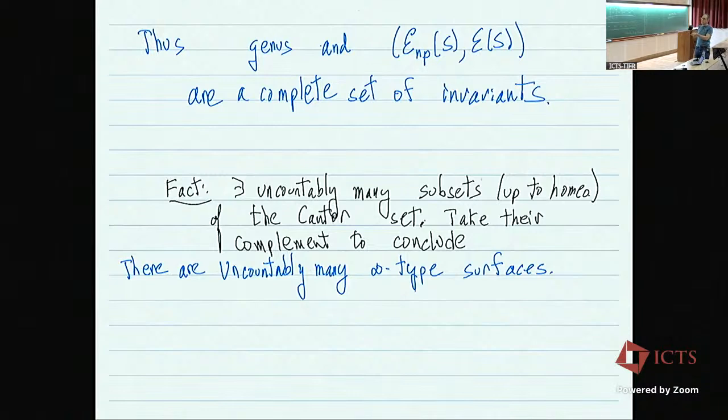If you take one of those subsets and take its complement, you get an infinite type surface. Two such surfaces are not homeomorphic, because if they were, their spaces of ends would have to be homeomorphic. So that tells you right away there are uncountably many infinite type surfaces, just based on knowing there are uncountably many subsets of the Cantor set up to homeomorphism.